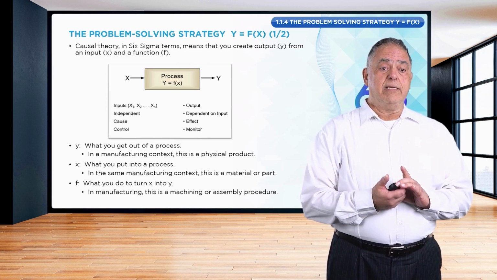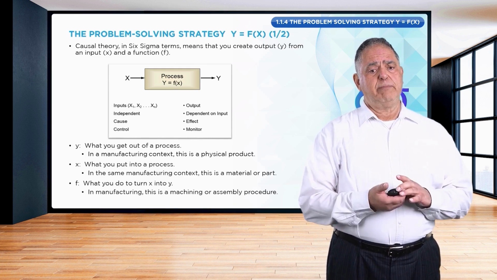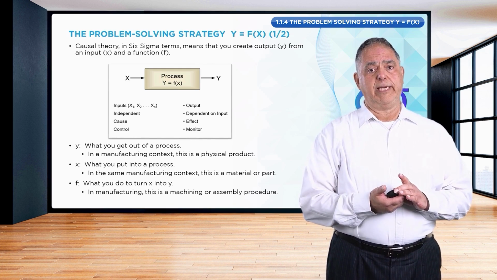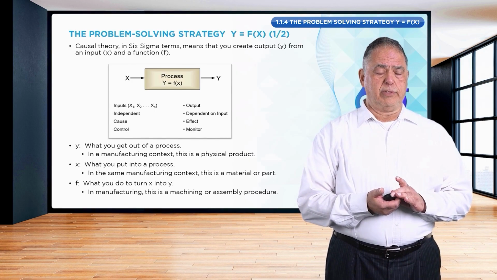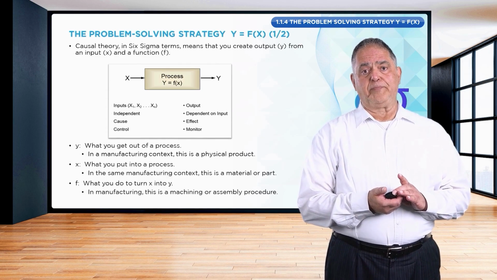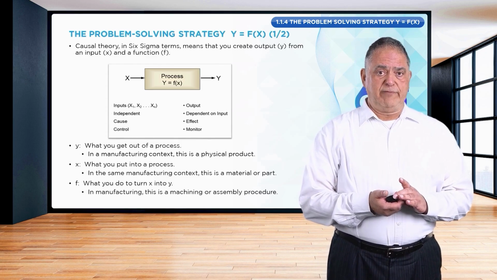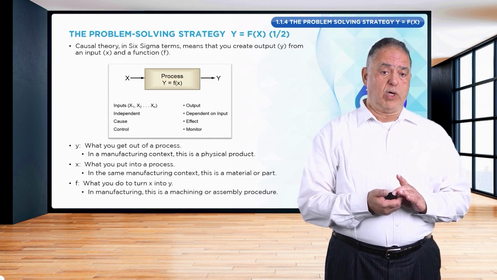And finally, the process inputs can be controlled. Speaking about the process outputs, again, we have significant or critical process outputs, and these are represented by the uppercase Y. And we have less significant ones, and these are represented by the lowercase y.